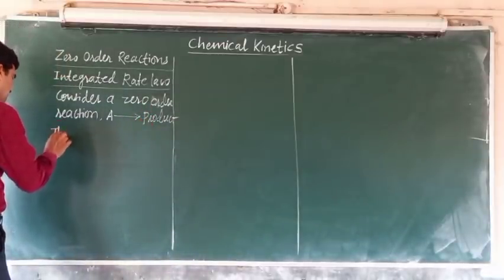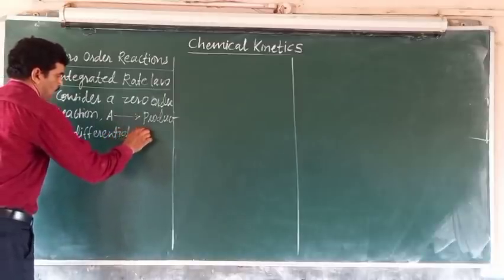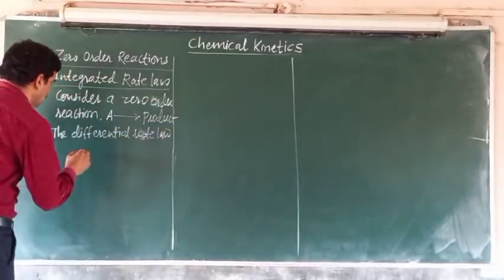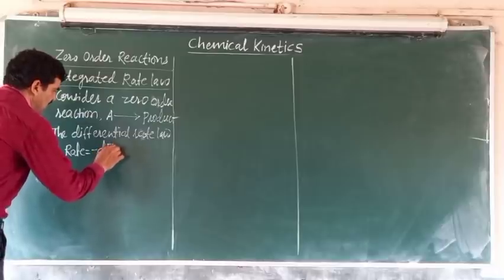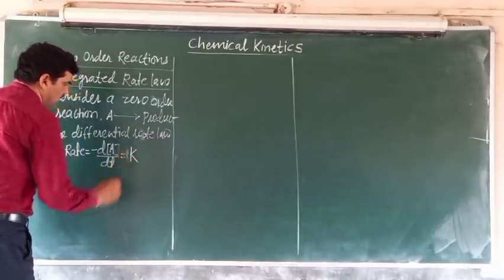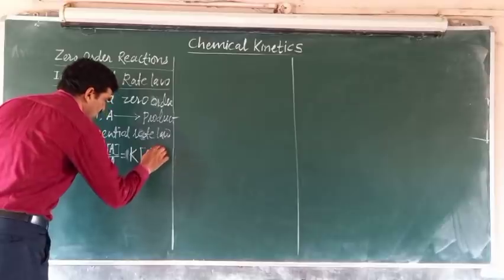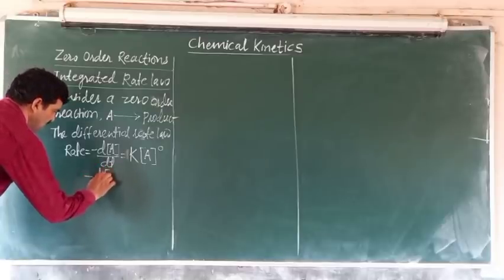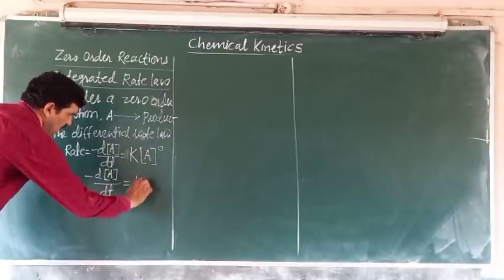Then the differential rate law for this reaction will be: rate equal to minus dA by dt equal to k, that is the rate constant of the zero order reaction, into the molar concentration of reactant raised to power 0, which is equal to minus dA by dt equal to k.